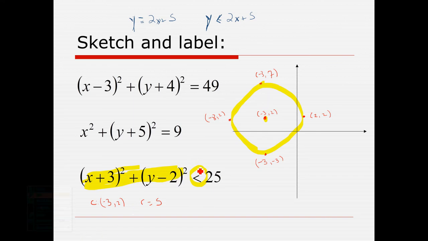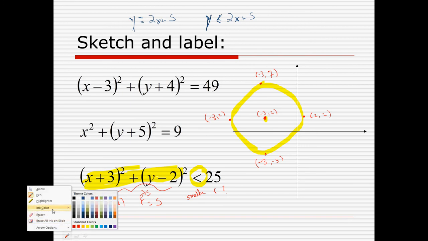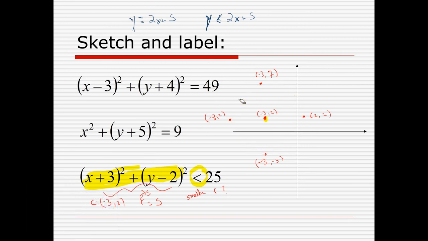What do you think you graph if you want all the points not on the circle but smaller than the radius? That's right. Inside. How do you do that?